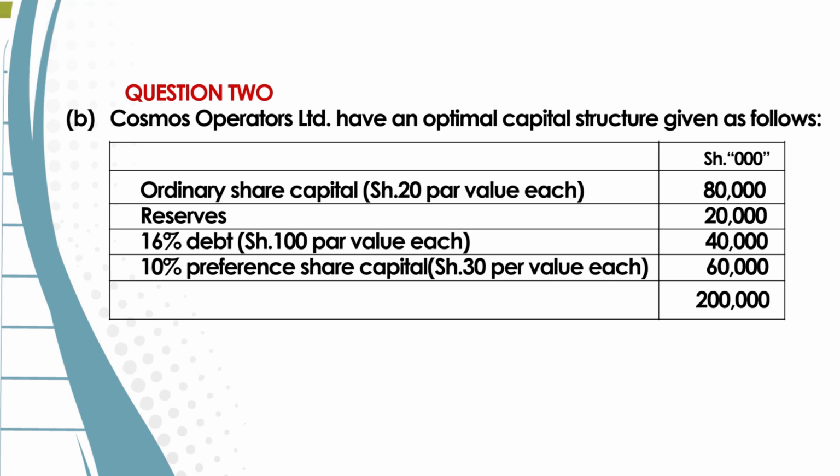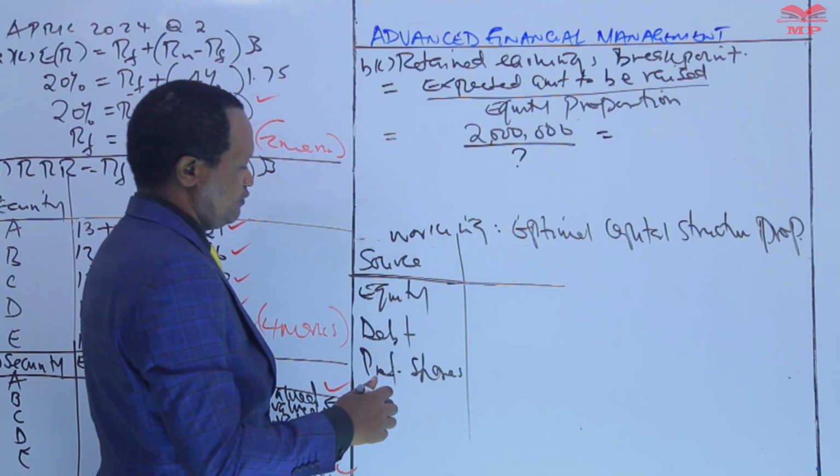We have ordinary shares, we have reserves, we have 16% debt, then there is 10% preference shares. All right. So what is the amount for equity?